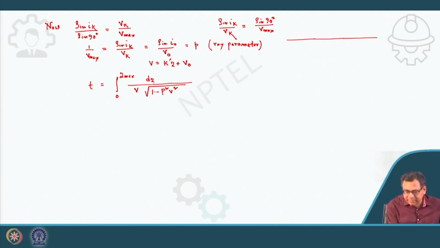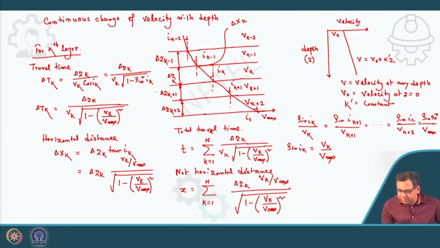How am I writing that? Because I have written that V is equal to V_0 plus k' z. At the kth level, V_k will be equal to V_0 plus k' into z, at any depth z, so that is the velocity at the kth layer.